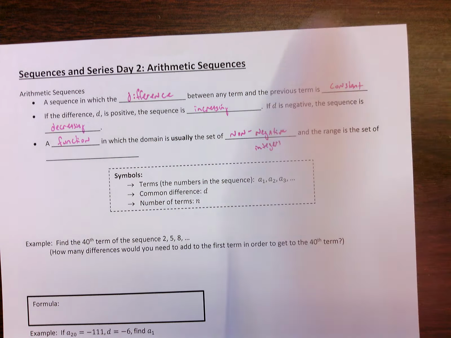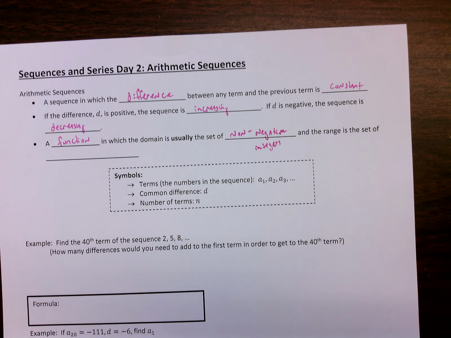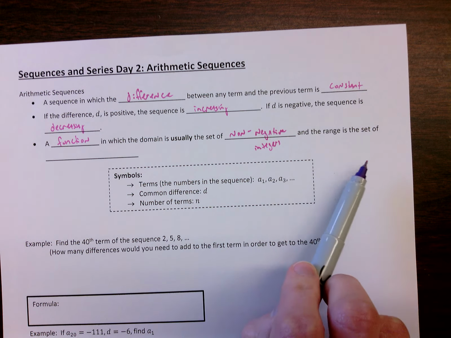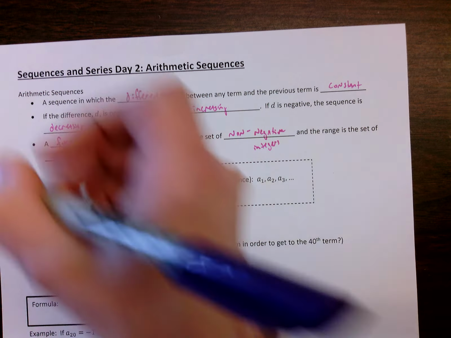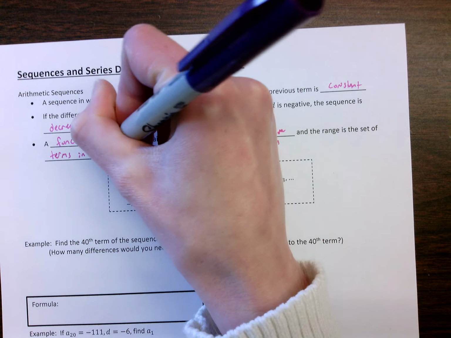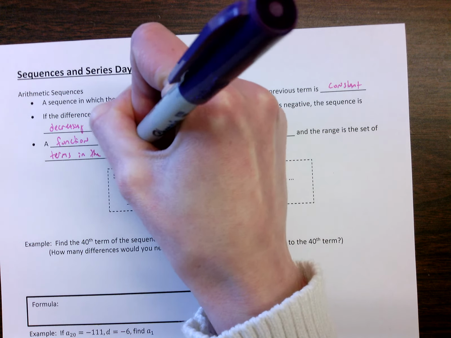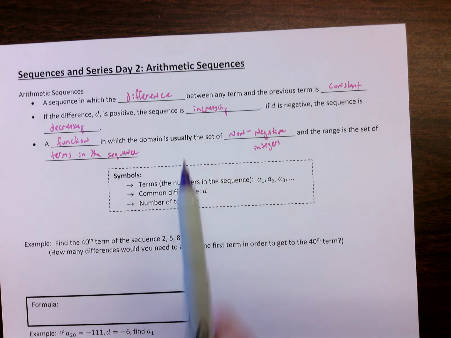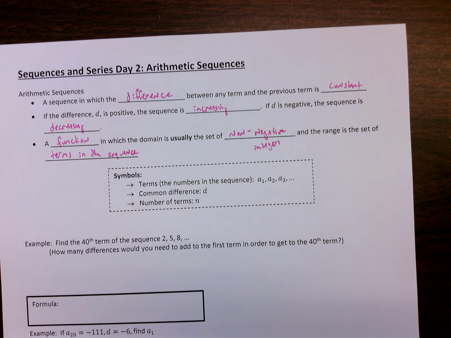We're going to come back and unpack that a little bit in just a second. So your domain, your inputs are the non-negative integers, and the range is the set of terms in the sequence. Okay, so first of all, notice the word usually is in bold. Okay, it's not always going to be that way, but usually that's the way that we do it.